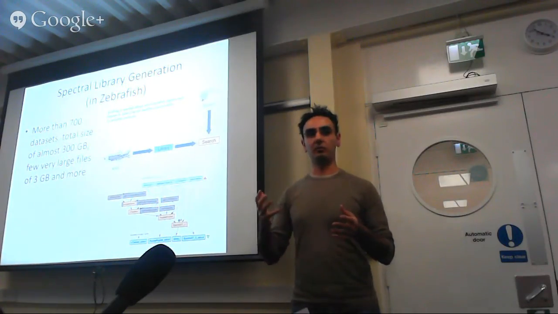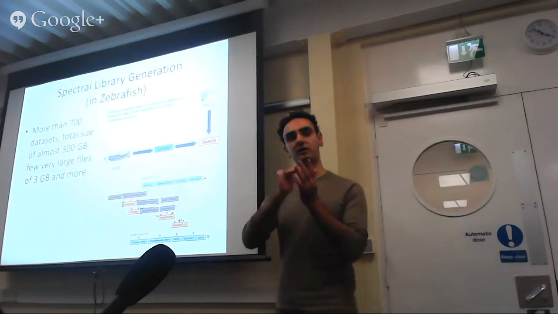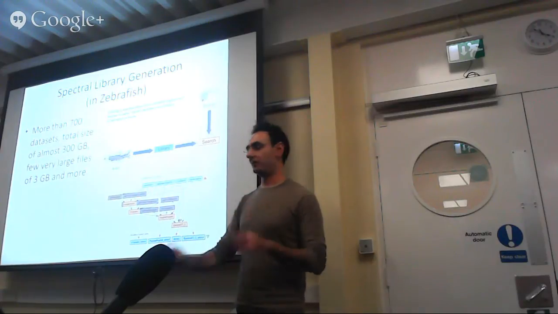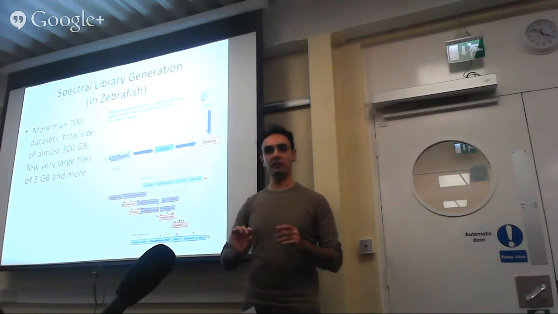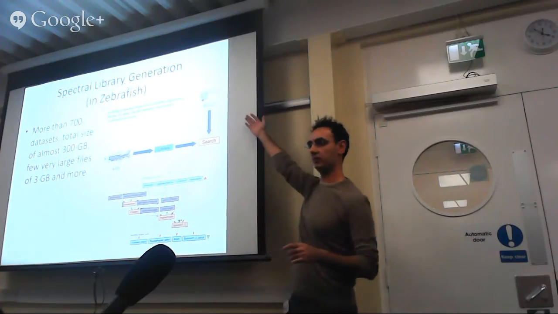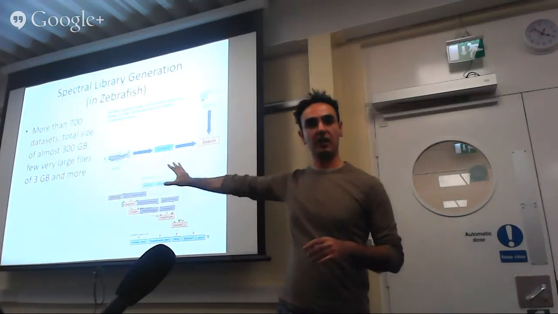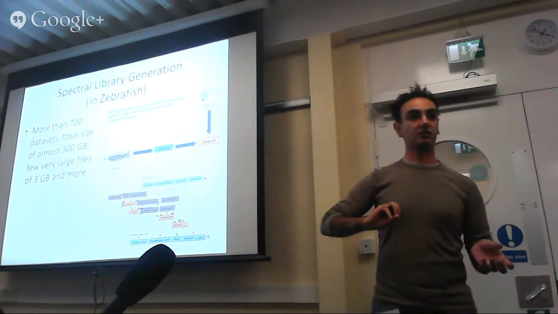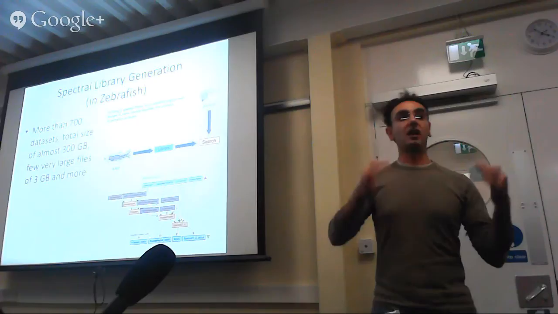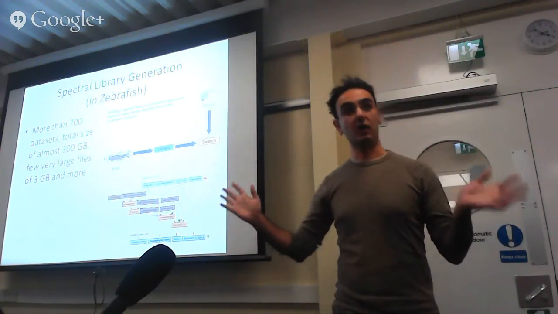And the idea was, okay, we take an adult fish, we dissect it, we take each part of the fish on its own, we build a specific library for each part, and then we compare the spectra that we get from the embryonic stages with this library, and then we identify the protein according to that. And then the hypothesis was we will get more hits or better hits, and that was the case.